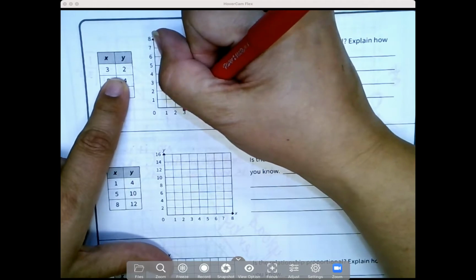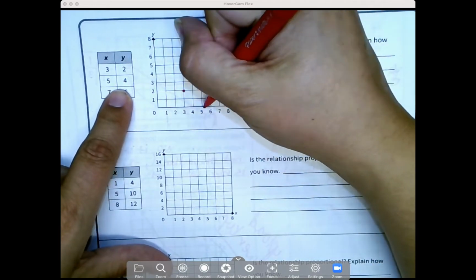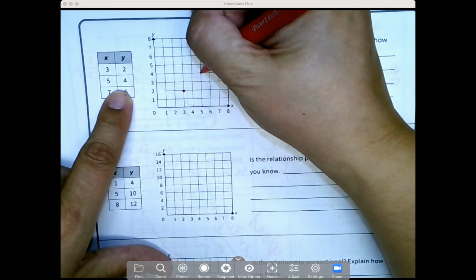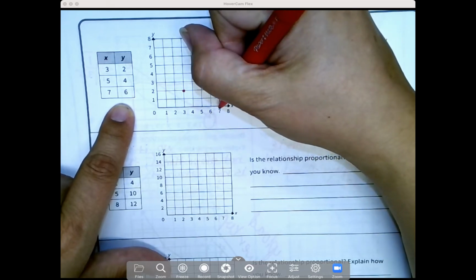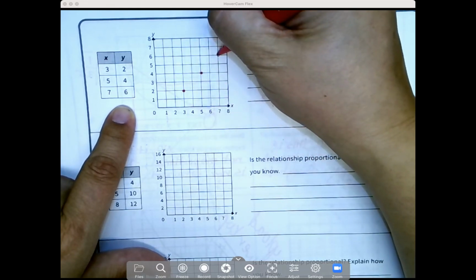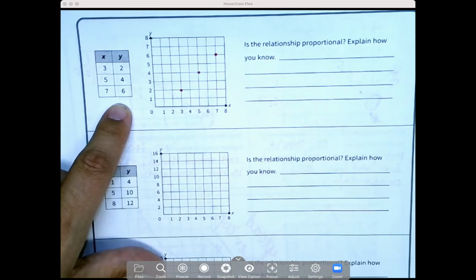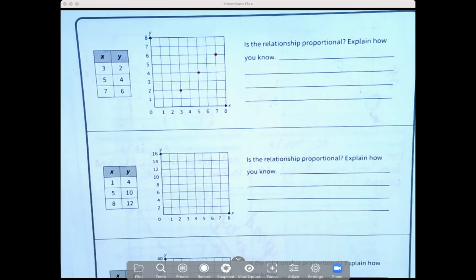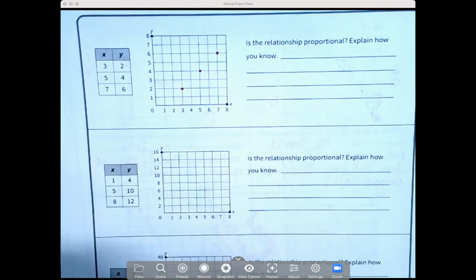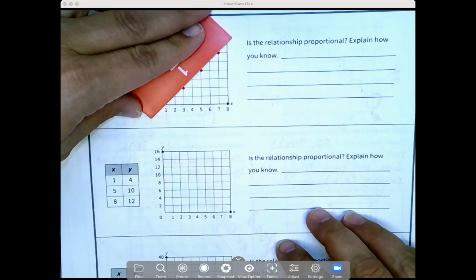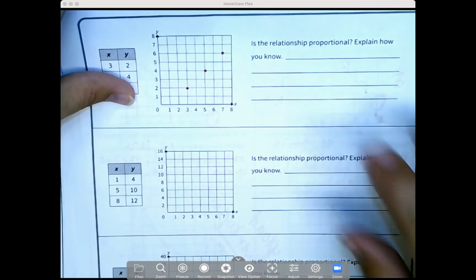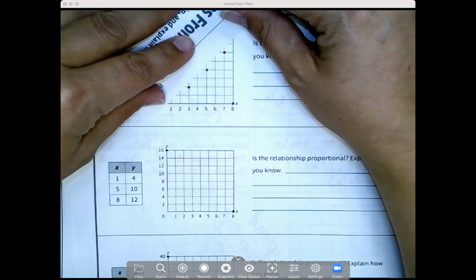So I'm going for 3, 2, 5, 4, 7, 6. Now then, if I connected my dots, if they don't have rulers in the room or something else straight, what I used to have my kids do was do this.